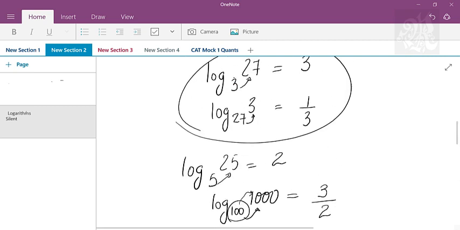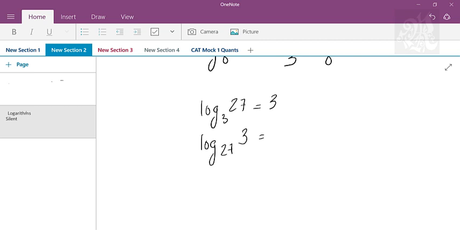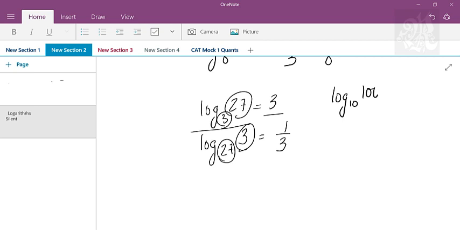Getting back to that beautiful relation I mentioned. Log of 27 to the base 3 is 3, which means 3 cubed is 27, and log of 3 to the base 27 is 1 by 3, which means the cube root of 27 is 3. If you notice carefully, when I reversed the bases, the answers got reversed. So if you invert the base, the answer is inverted, which means logarithms can help you in a lot of questions where you can change the base.